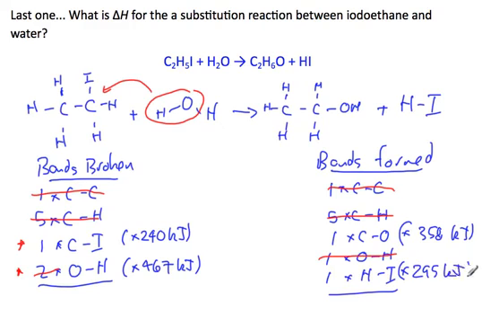And so now it's a lot simpler problem. Bonds broken, 467 kilojoules, minus bonds formed, which is 653 kilojoules. When I add these two together, I get 467. When I add these two together, I get 653.